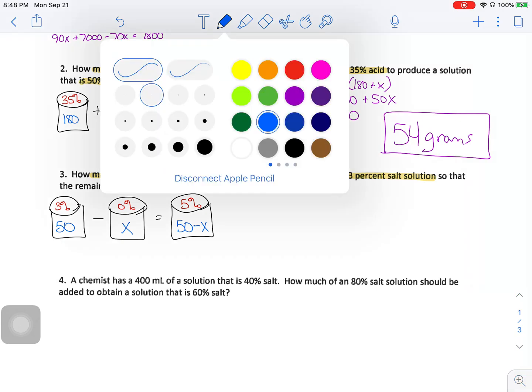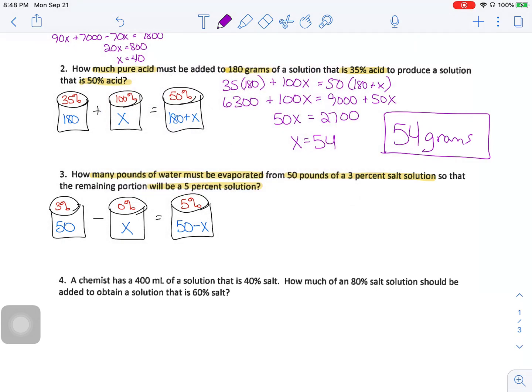Okay? So a little different on this setup because we have the pure water and the other percentages are dealing with salt. So we want to be careful that we get all the percentages in terms of salt. 3% salt to start. You're evaporating water, which is 0% salt, and you're trying to create a 5% salt solution.